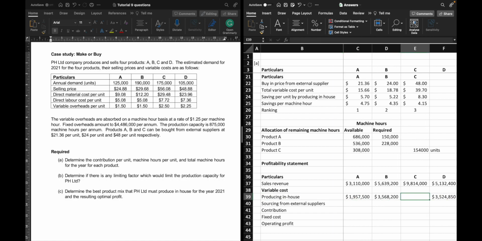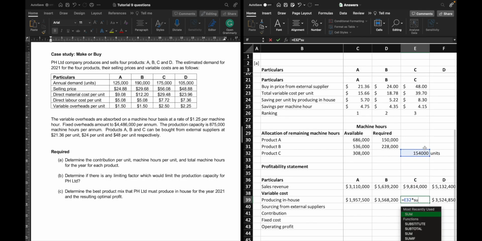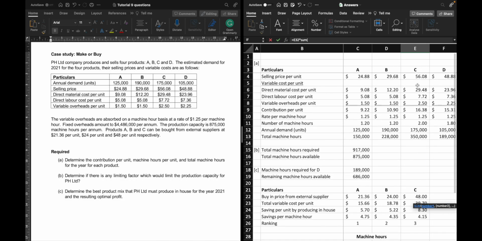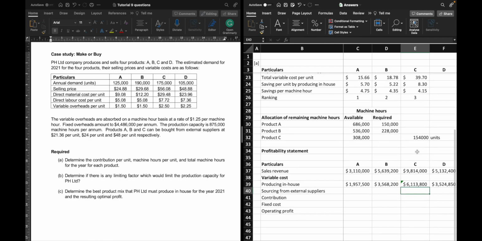For product C, 154,000 units are manufactured in-house. So 154,000 units times the sum of material, labor and variable overheads. So that's the variable cost of producing in-house, and the remaining units are sourced externally.